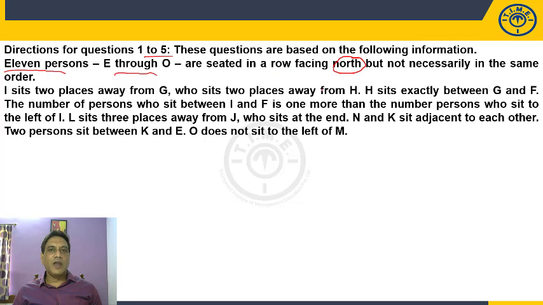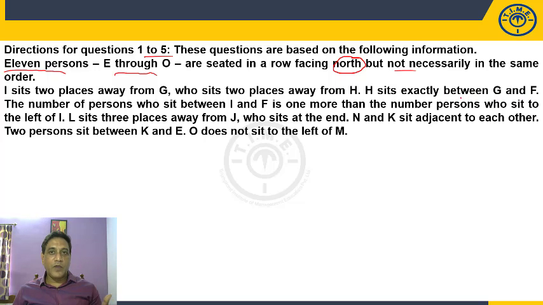So when they are facing north, left side is left hand, right side is right hand. But not necessarily in the same order. I sits 2 places away from G, who sits 2 places away from H. H sits exactly between G and F.